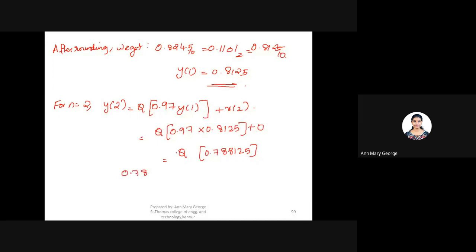We can represent this value as 0.110001 00, and after rounding you will get the value of y of 2 as 0.7510. Okay. Similarly, you have to find the value for n equal to 3 also.